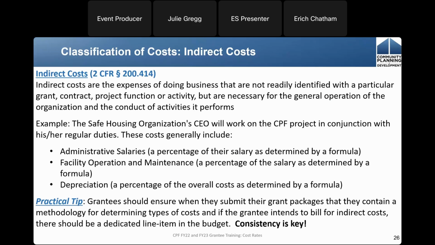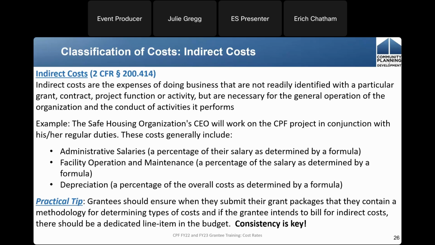So another example here of the indirect cost by that same organization, Safe Housing Organization CEO will work on the CPF project in conjunction with his or her regular duties. So these costs generally include their salary, administrative. And so to be an indirect, it can be a percentage of their salary as determined by a formula. We're going to talk about those formula options.